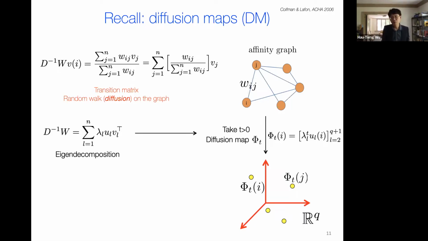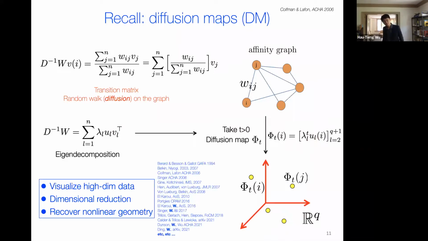Okay, whatever. What you do is you take eigenvectors and eigenvalues, and for the eigenvalues, you raise to power t, and the t indicates the diffusion time. And for eigenvector u_l, you focus on the ith entry, and this will represent the embedding of the ith point. So in the end, you will get several points embedded in a q-dimensional space.